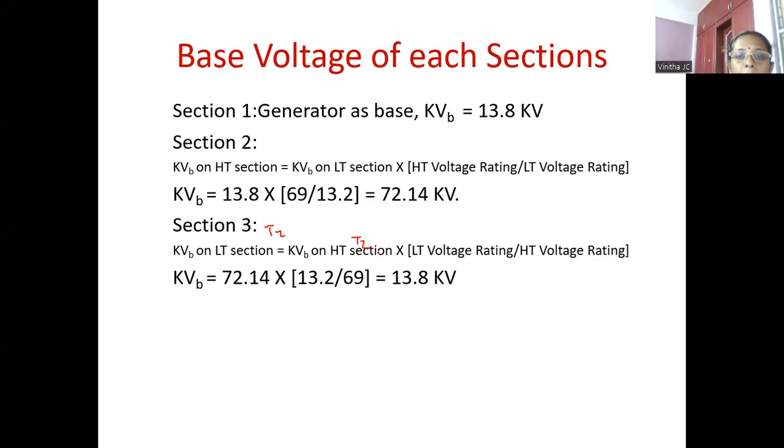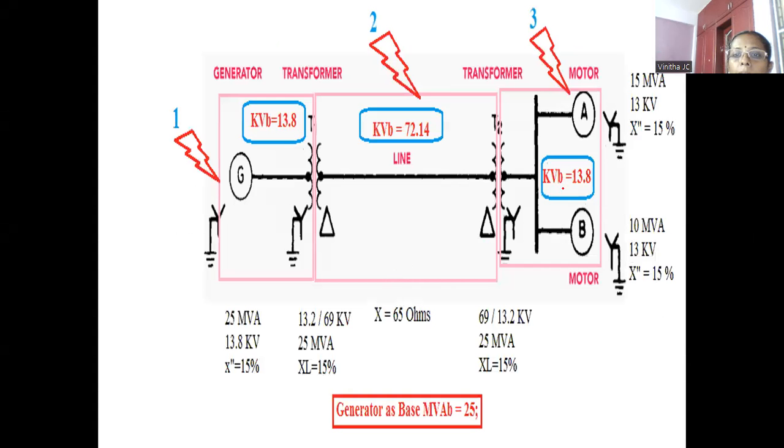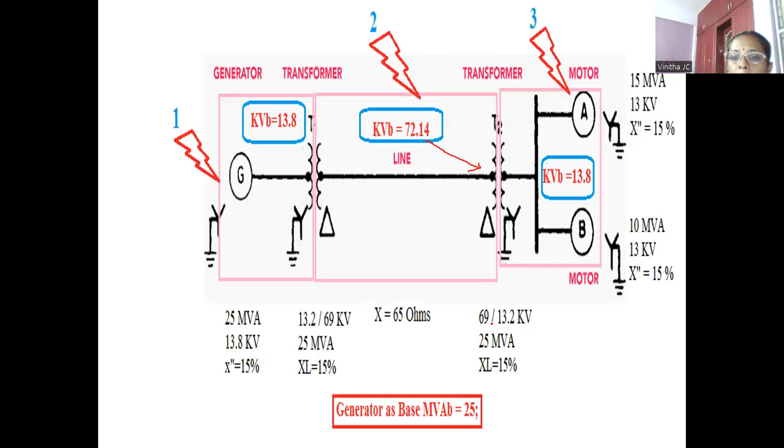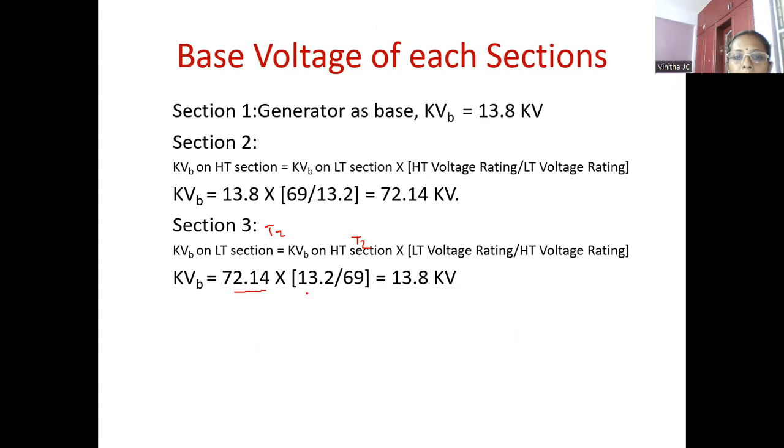So what is kVB on HT side now? kVB on HT side is now 72.14. That value we need to substitute, 72.14, into LT divided by HT rating. LT divided by HT rating is nothing but 13.2 divided by 69.